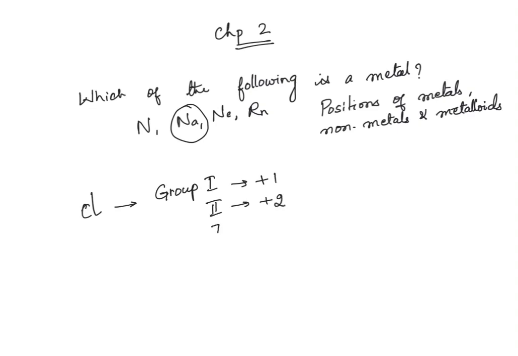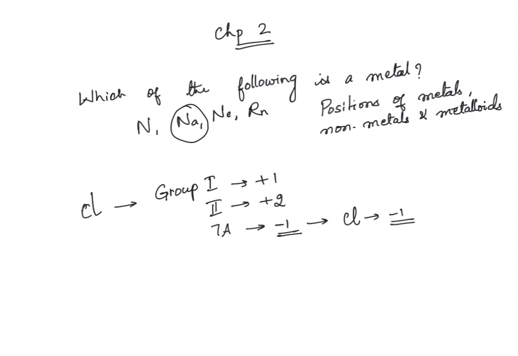And all the group 7A form negative 1 charge in ionic compounds. So chlorine is in group 7A, so chlorine mostly will have negative 1 charge. These are the simple kind of questions.